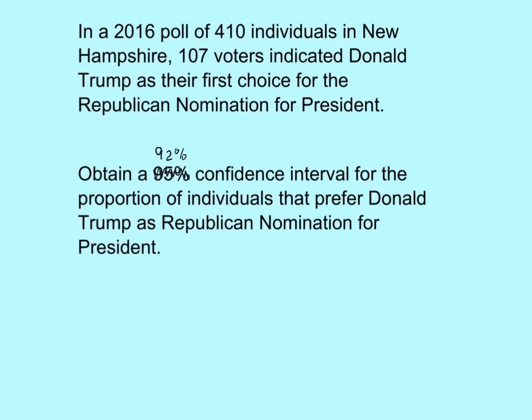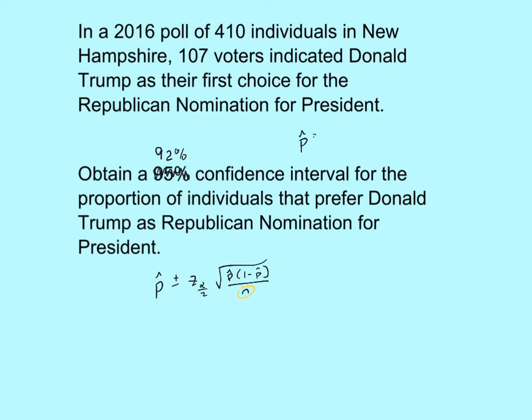Okay, so our formula for confidence interval, p hat plus or minus our z-score, alpha over 2, times the square root of p hat times 1 minus p hat over n. The first thing that we'll find, we already know what our n is in the formula. That's the sample size, 410. We can compute p hat without too much difficulty.